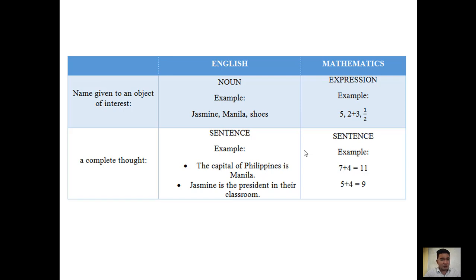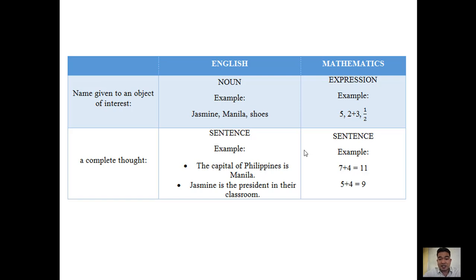Name given to an object of interest. In English, these are the examples: Jasmine, Manila, shoes. In mathematics, we have 5, 2 plus 3, 1/2. A complete thought in English, examples are: the capital of the Philippines is Manila, and Jasmine is the president in their classroom.